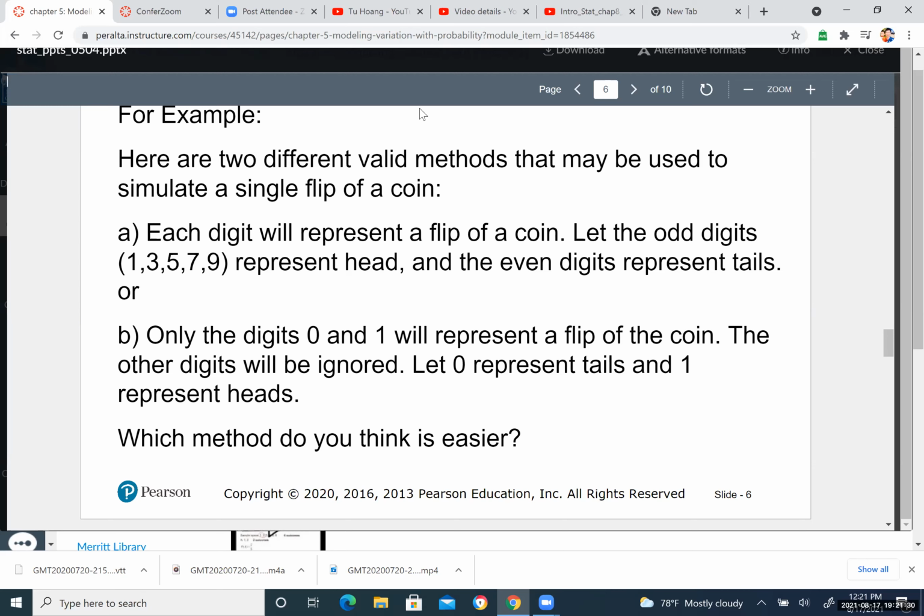In Part B, they want us to use a different form of setting up the simulation, so that it's easier to count or look at the numbers.